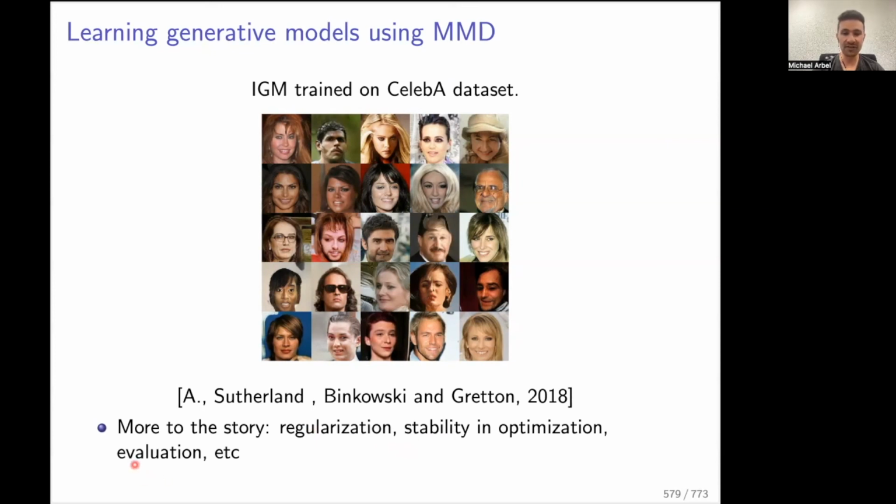There is a question of evaluation of the quality of samples. So when you are given samples like this in a high dimensional space, it is really hard to evaluate whether these samples are better than other slightly different samples produced by a different model. And there are ways you can do that with the MMD, of course, but it's still an open problem in general because the choice of the kernel would matter a lot.